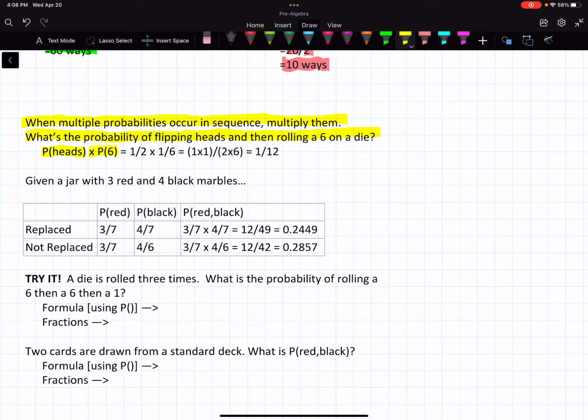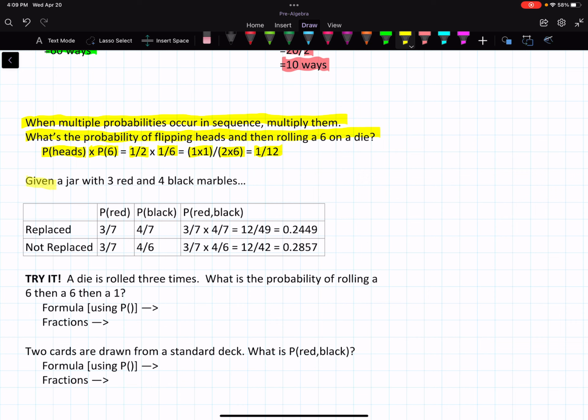We know that flipping a coin gives heads or tails, 50-50, so a 1/2 probability of heads, and 1/6 probability of rolling a specific number on the die. If you remember how to multiply fractions, you multiply the top numbers on the top and the bottom numbers on the bottom, so we get 1/12. So basically, there's a 1/12 probability that you can flip a coin and then roll a 6 on a die.